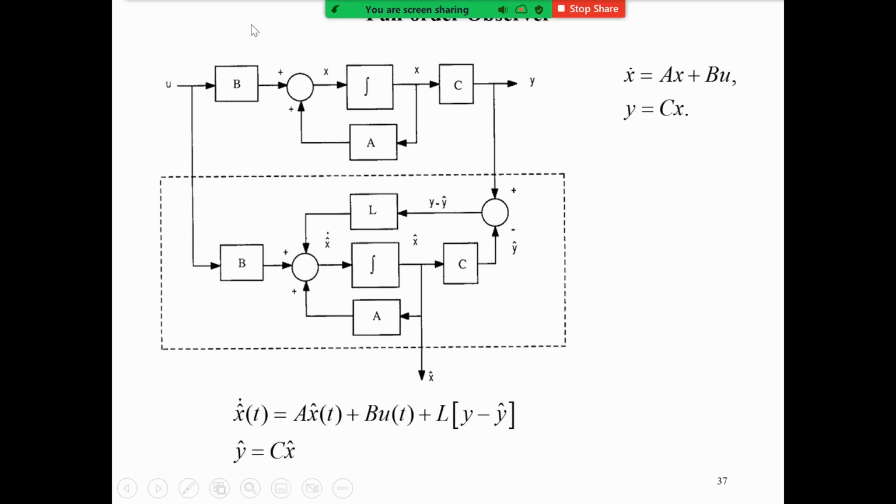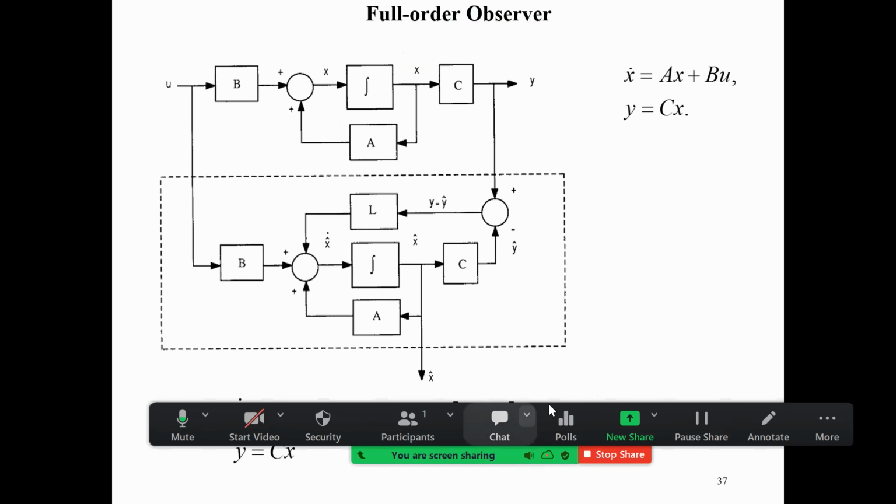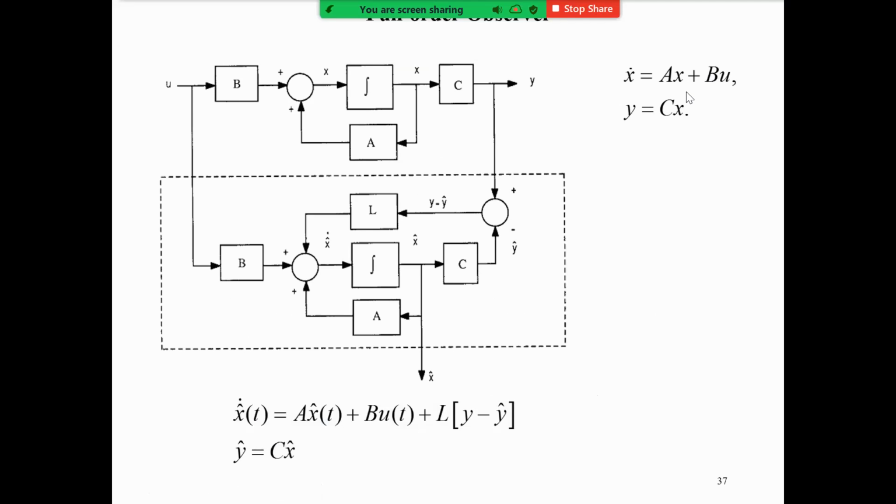The full order observer is that we try to introduce the feedback term. We know for observer design, we need to know the model of the system. So we build the model, using the original A, B, C, but we include a feedback mechanism. We use the difference between the output and the estimated output.